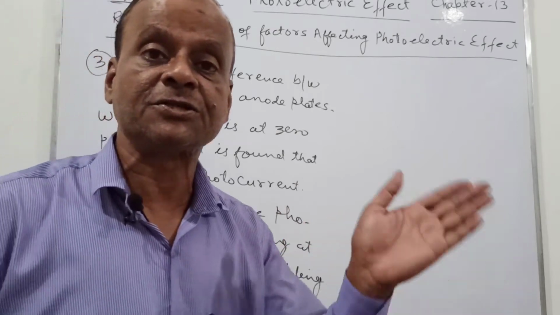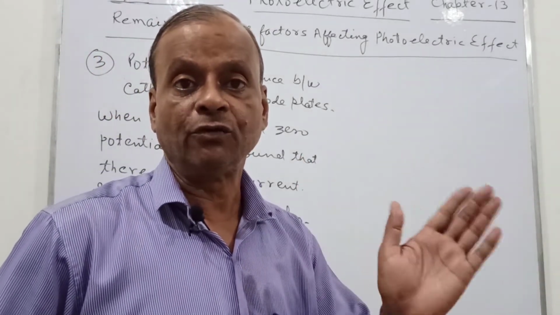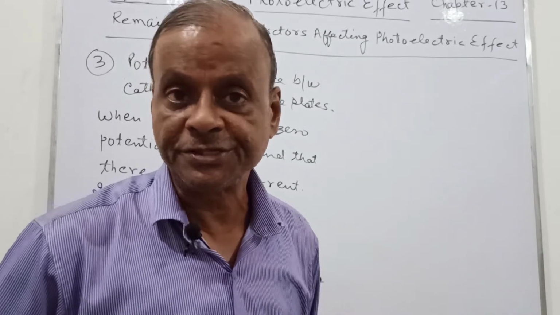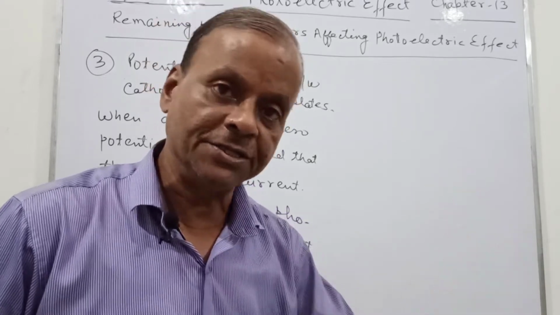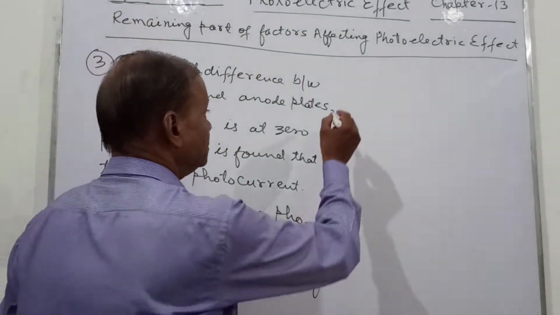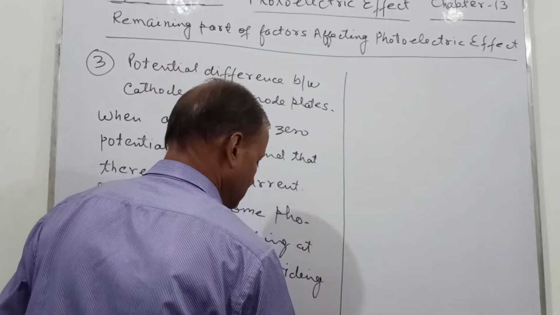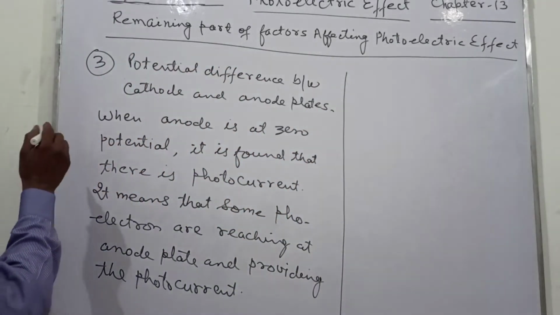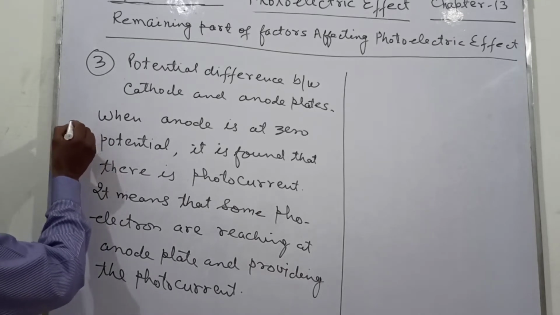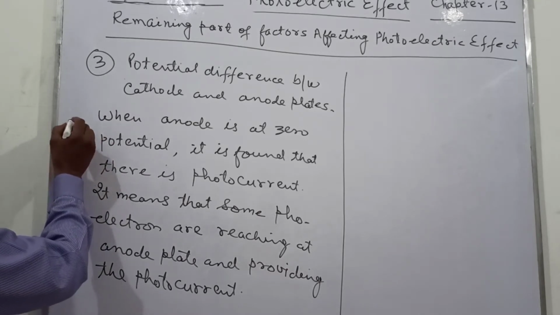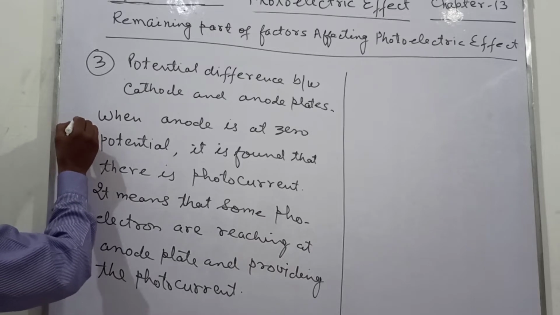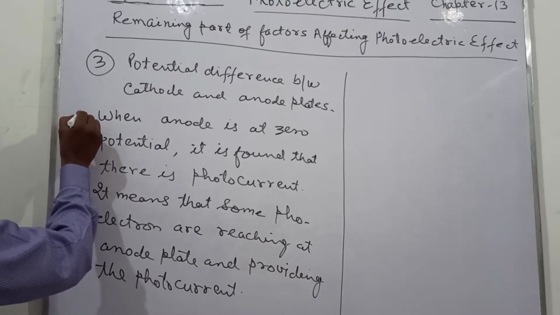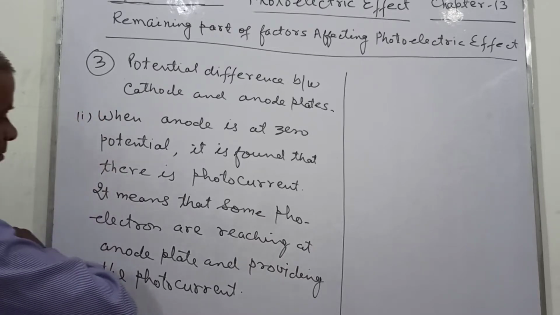Now when the anode is given the positive potential and it is increased, this I have taken now as number one part.